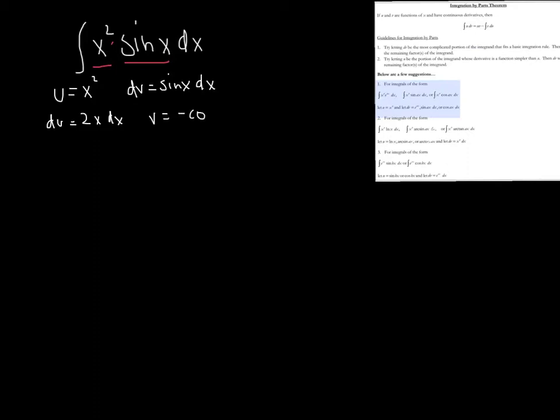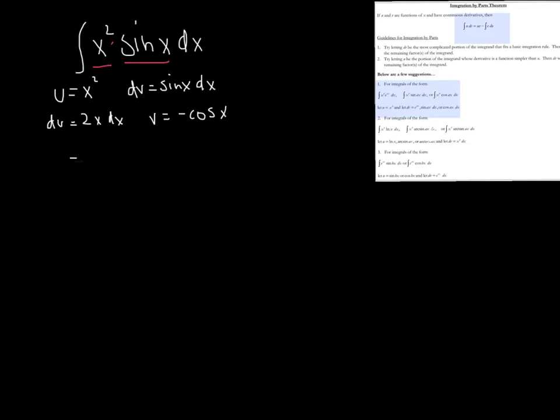Don't forget the derivative of sine is cosine, but the integral of sine is negative cosine of x. All right. So now we're going to plug it into our integration by parts formula right there. And we're going to get u times v, so that's going to be negative x squared.